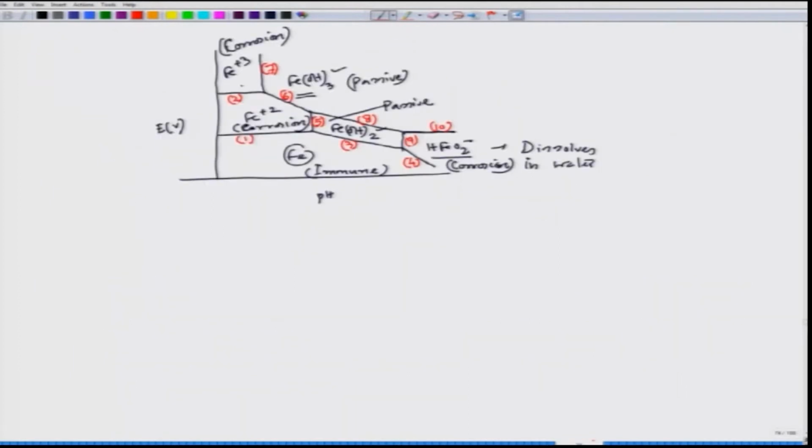For example, this line is basically pH independent, this is also pH independent, this is potential independent, pH dependent, this is also pH dependent. This line and these 3 lines are all pH as well as potential dependent, and of course, this one is also pH independent.